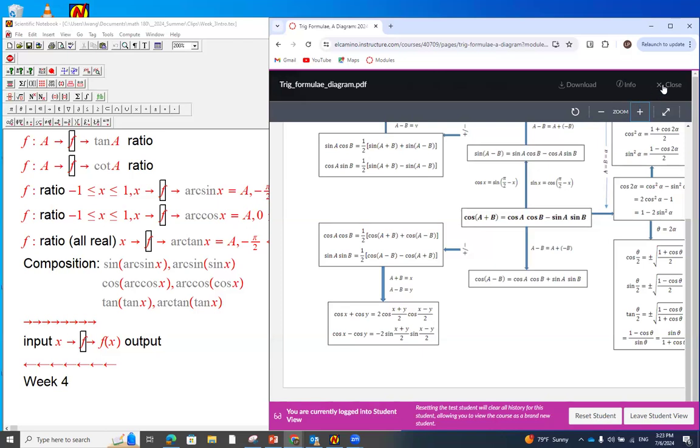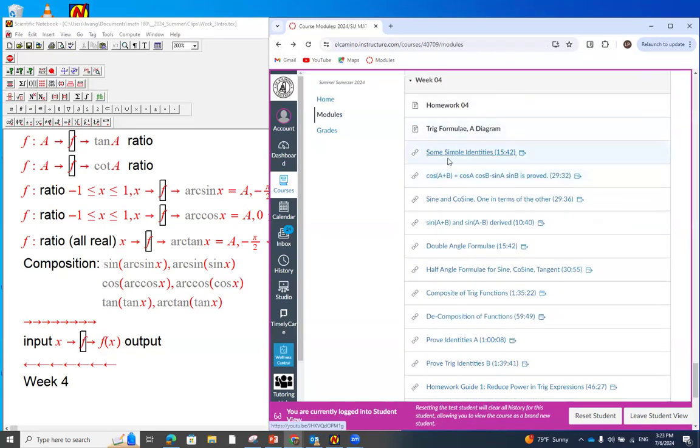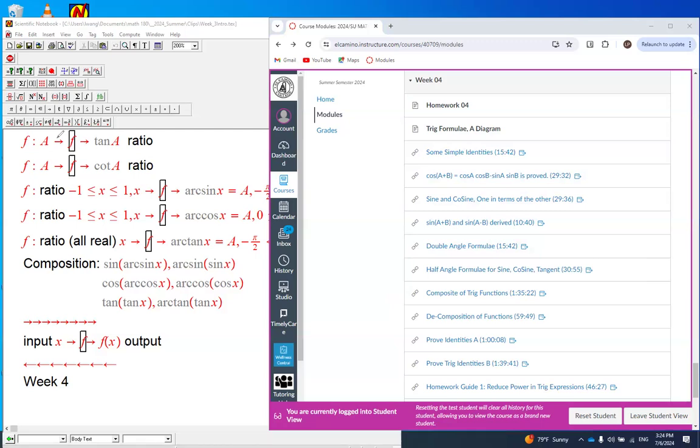And this is the formula sheet. Going back to week number 4, you can see there's a lot of deriving. These 5 lessons are about deriving these formulas.